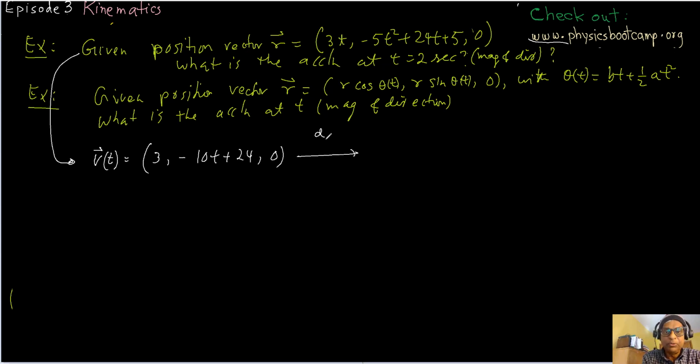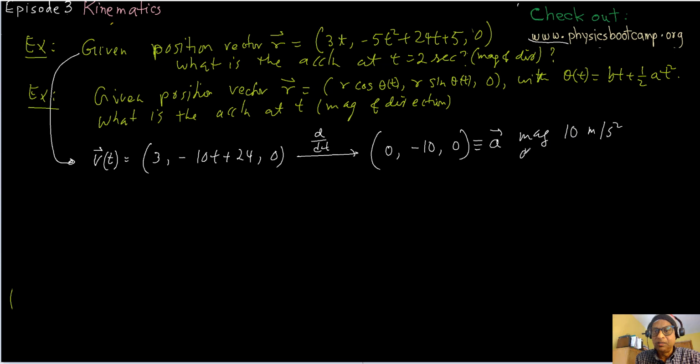I do d dt of this and I get 0, minus 10, and 0. So this is the acceleration vector, and it clearly tells us its magnitude is 10 meters per second square, and the direction is the negative y axis. So I didn't have to do much more work.